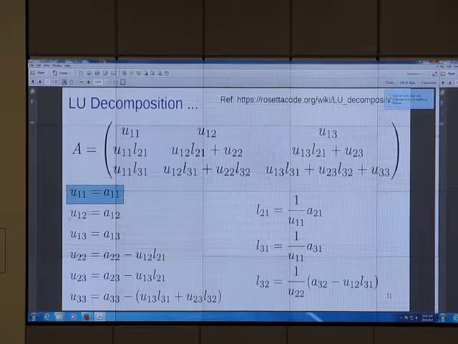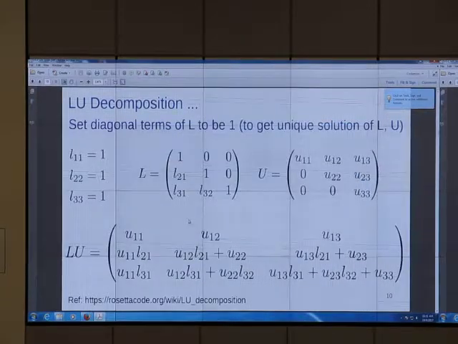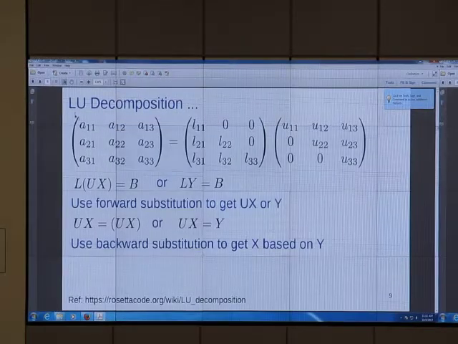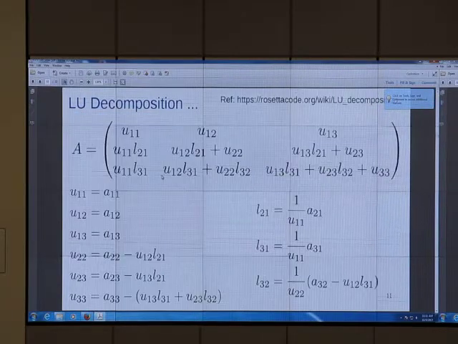No question, no problem, right? U12 equal to A12. U13 equal to A13. Then we just make this equal to that, term by term, element by element. Not much of a problem, okay? So we can write the equations, then we can solve them.